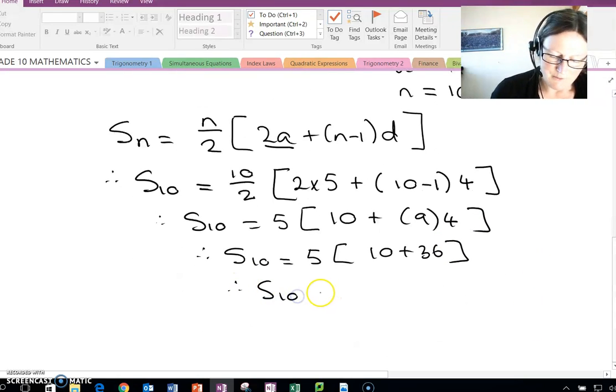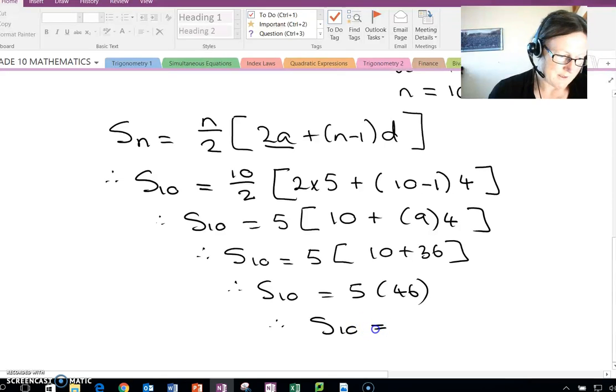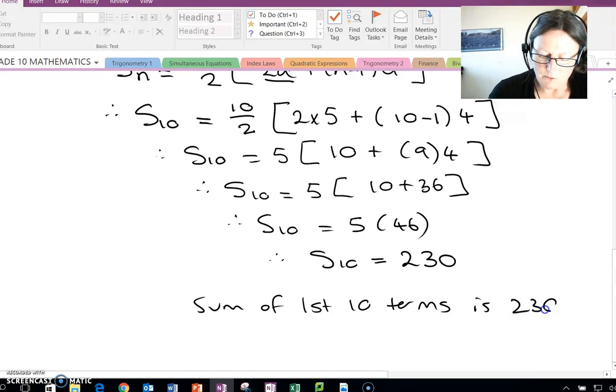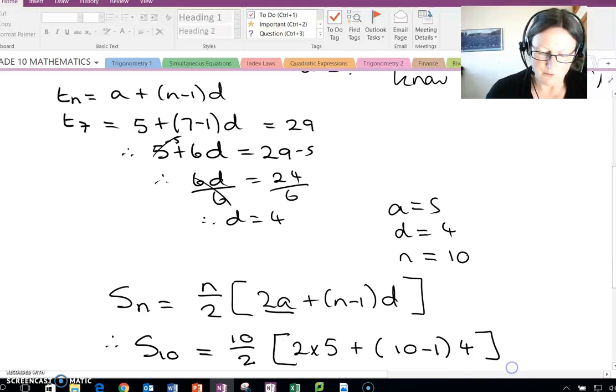Then the sum of the first 10 terms is 5 times 46, and 5 times 46 gives me 230. So the sum of the first 10 terms is 230.